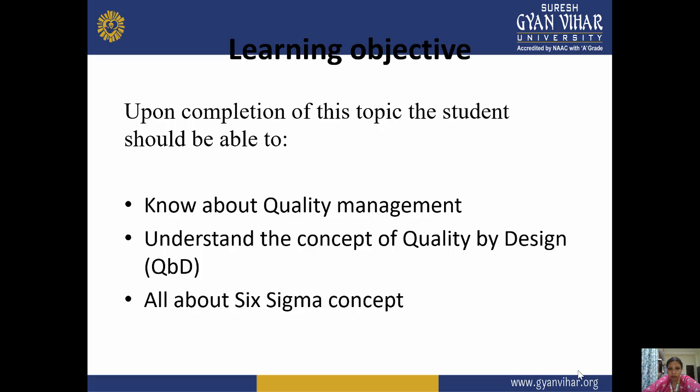Then understand the concept of quality by design and Six Sigma concept. So what is quality by design? What is the Six Sigma concept? How does the Six Sigma concept work? Where to use the quality by design concept? So all these things the students will be able to learn in this unit. Okay, so these are the learning objectives.